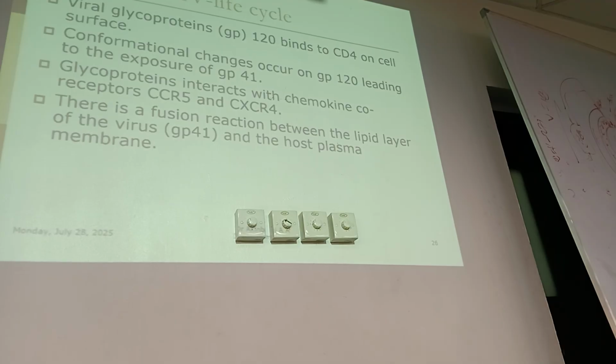Those are the serodiscordants, and they are making love with each other, and they keep their status as they are, because you need these glycoproteins CCR5 and CXCR4 for penetration of the HIV virus.